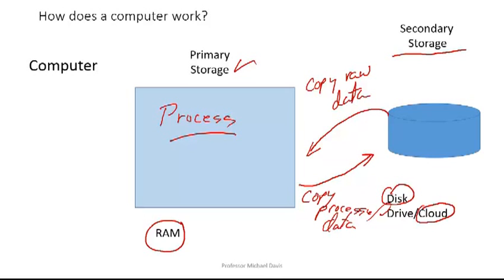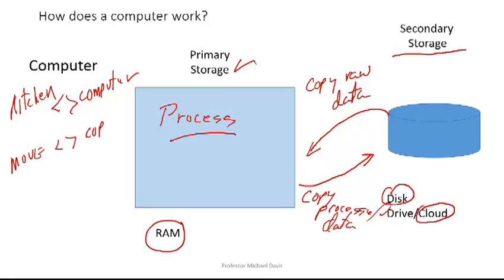The only real difference between this kitchen and this computer is that in the kitchen you move that raw material, whereas in the computer you copy it. You see, by that I mean that when you go out to your disk drive over here and you get the raw material, you actually copy it into RAM.